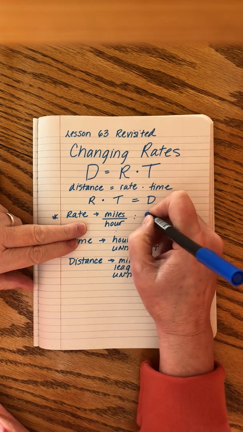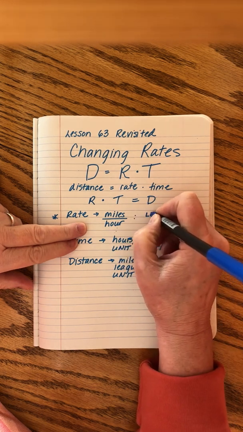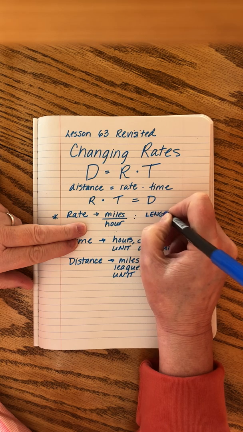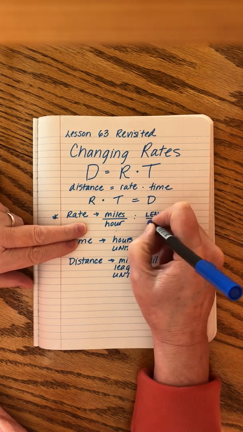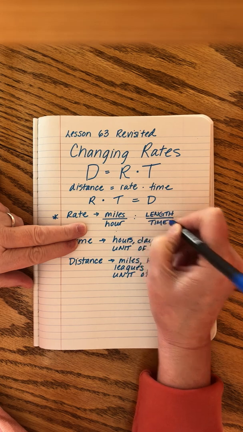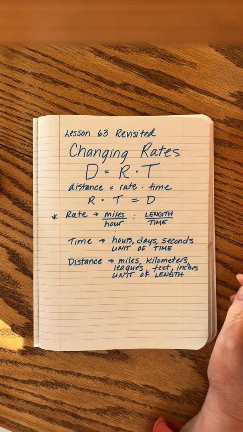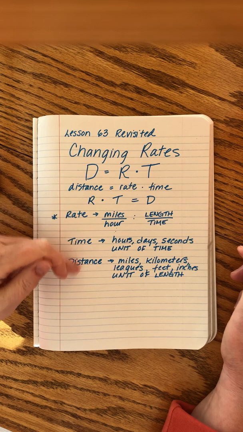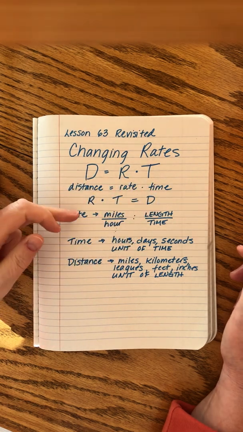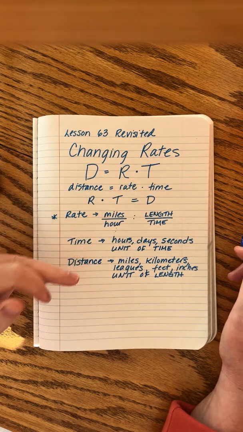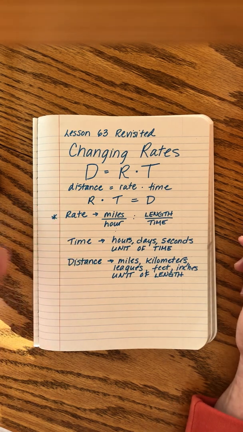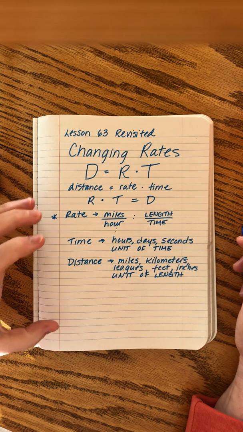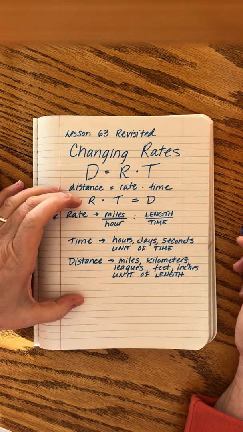But it can be any unit of length divided by time. Okay? So that's a definition of each of these three components, and this is giving you really good clues as to how you can figure out when you're given information in a problem which one's the time, which one's the distance, and which one's the rate. This will help you know that.